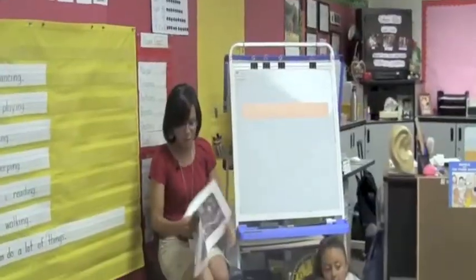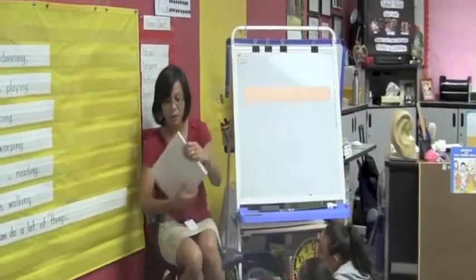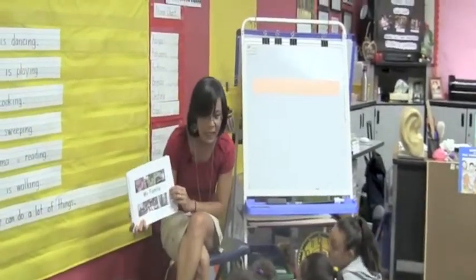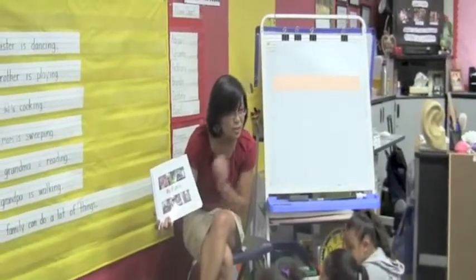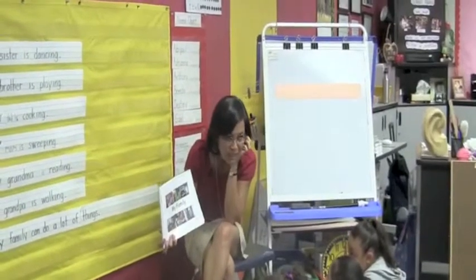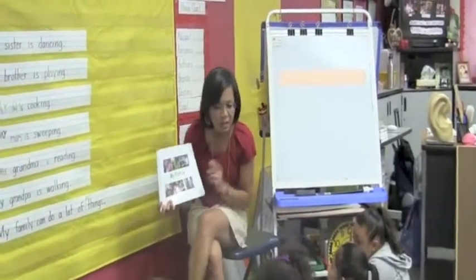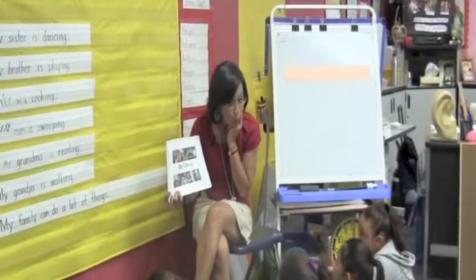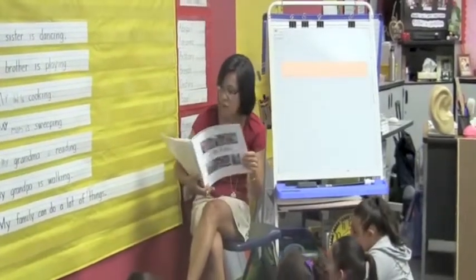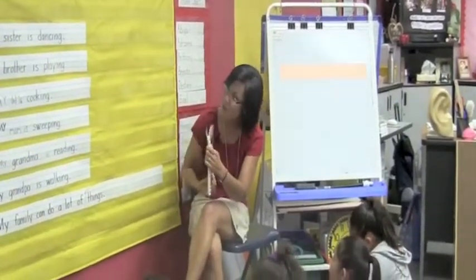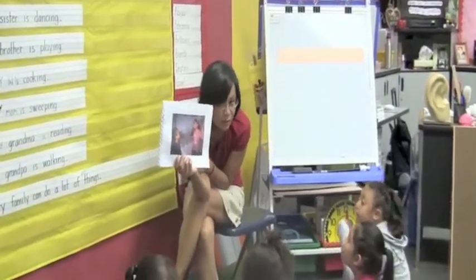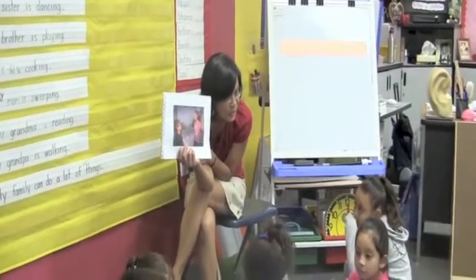So we've been reading this book and we said all the things that the Boyce family can do. But today, Anthony, today I thought we could elaborate. Elaborate means to add more details. Okay? And I thought maybe we could add where the family can do these things. All right. So if we look at the first page, it says, my sister is dancing. Look at the picture. Where is the sister dancing?